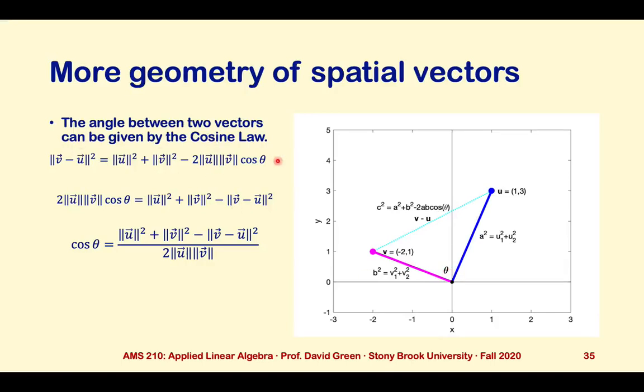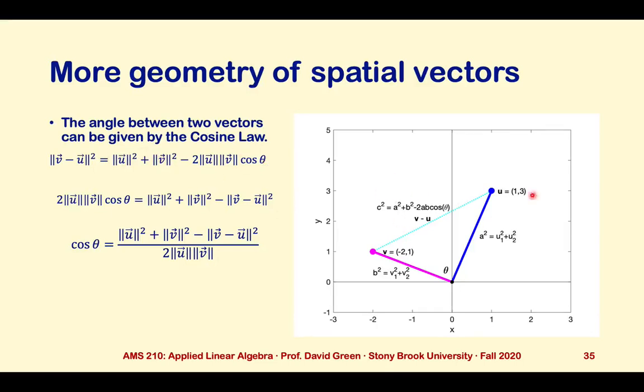Or in vector terms, the squared norm of the difference between these two vectors, c, equals the squared norm of u, a squared, plus the squared norm of v, which is b squared, minus 2 times the norm of u, the norm of v, times cosine theta, 2ab cosine theta. Right?